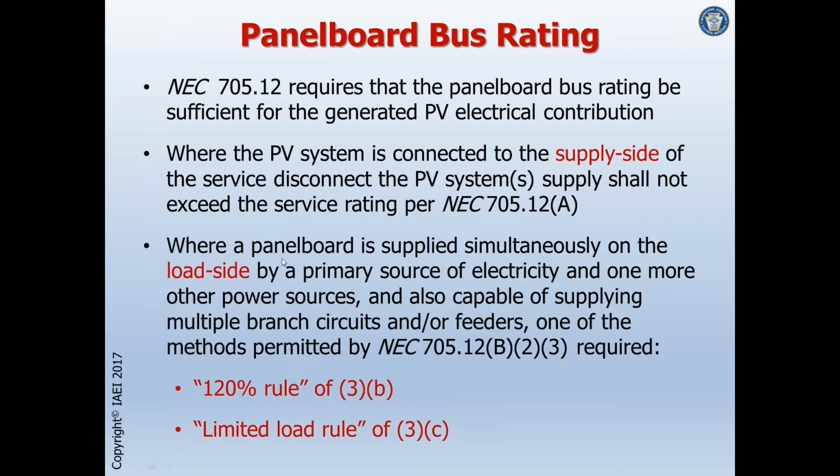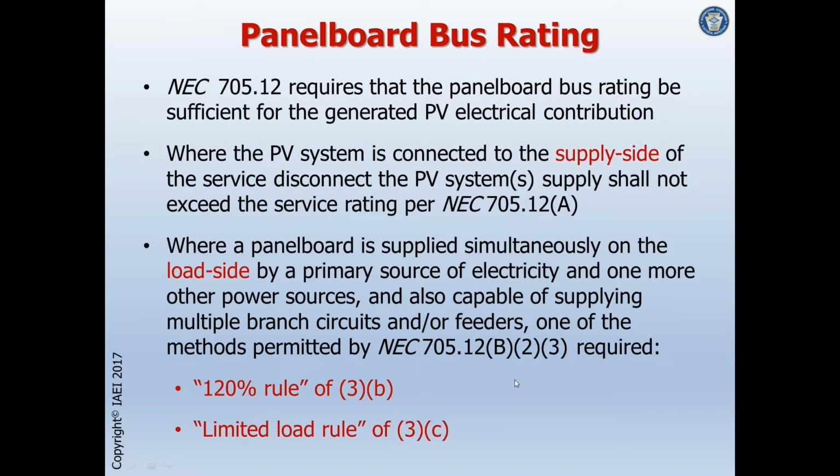But where you're on the load side, and that's what we're concentrating on here, where a panel board is supplied simultaneously on the load side by a primary source of electricity and one or more other power sources, and also capable of supplying multiple branch circuits or feeders. That's a key line. So if it's also capable of supplying multiple branch circuits or feeders, then we have some limitations.